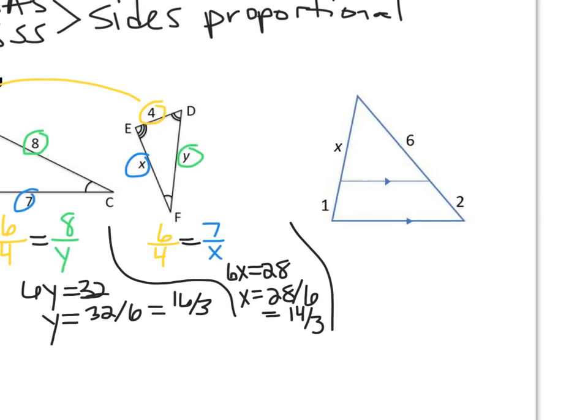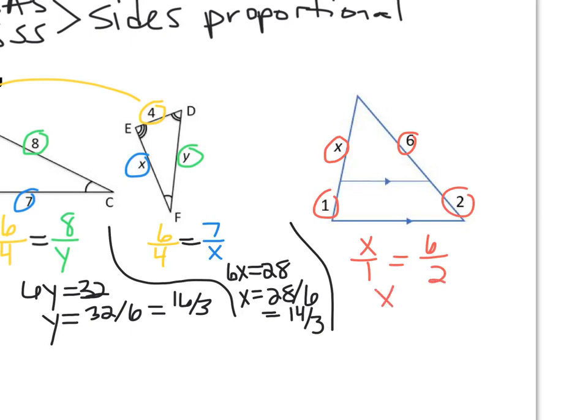We also had these ones that were nested triangles, and it's an application of similar triangles. And here was where we had a lot of possible ways I could set stuff up. The important thing is that I'm using corresponding pieces. So here I could do x over 1 equals 6 over 2.